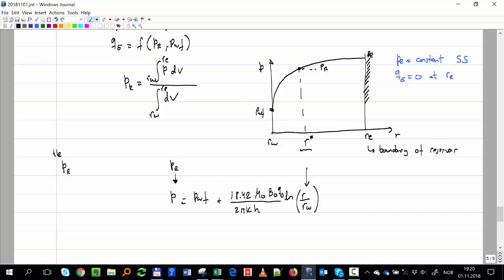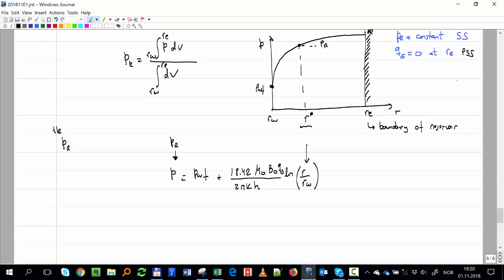No flow here, that is called PSS, pseudo steady state. We mentioned that already. After doing some math derivations that I'm not going to show here, for pseudo steady state, reservoir pressure occurs exactly at R equal 0.61 RE.